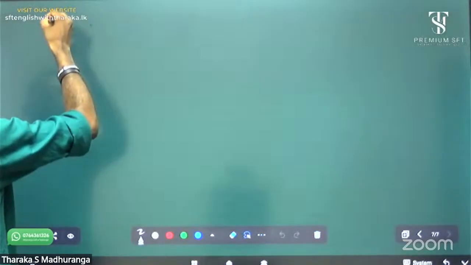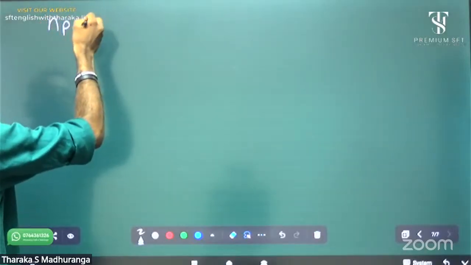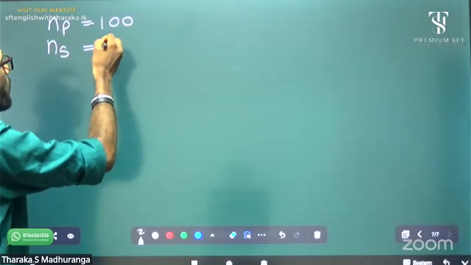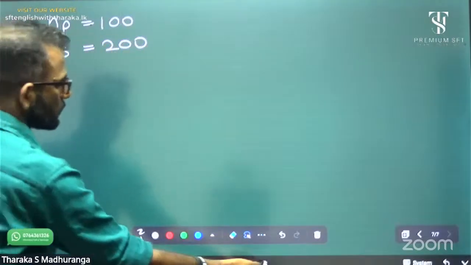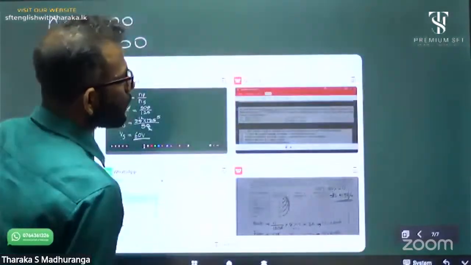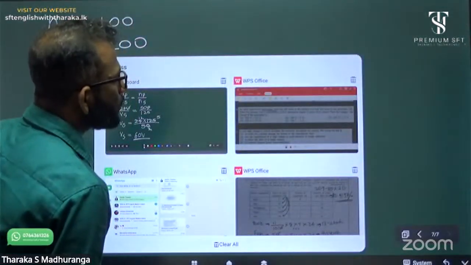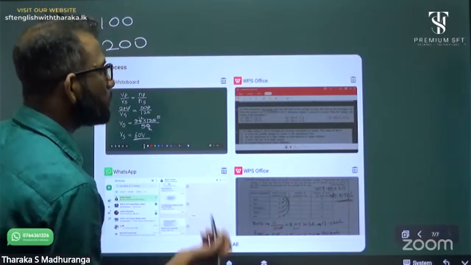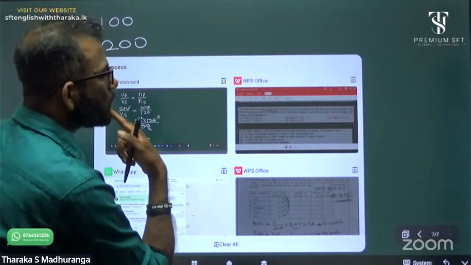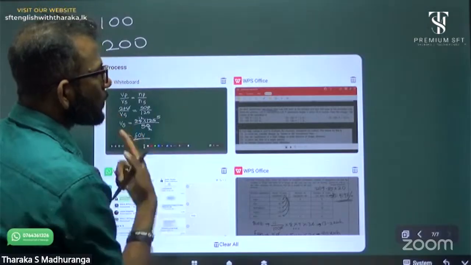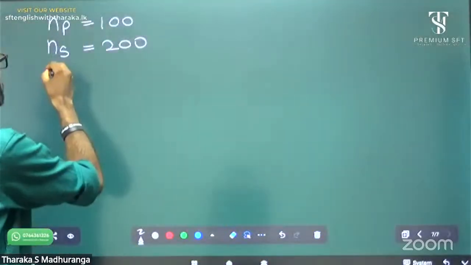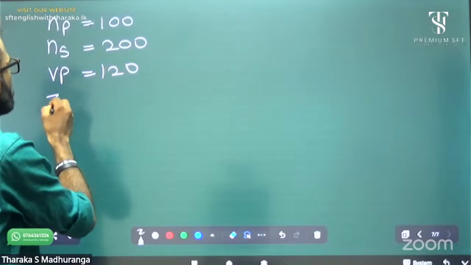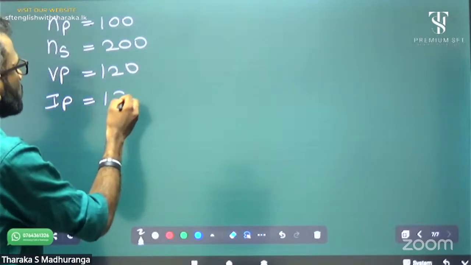Then NP is 100, NS is 200. When the primary coil is connected to a 120 volt alternating supply, that means VP equals 120 volt, and IP is given as 10 ampere.